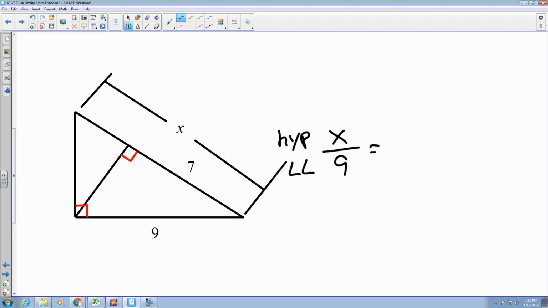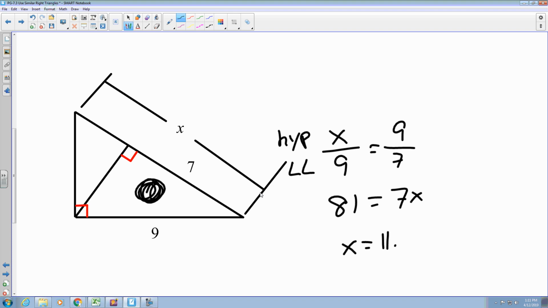And so this is going to be proportional to the hypotenuse of this triangle right here is 9. And I got a long leg of 7. So again, I go over here. This is going to be 81 equals 7x. And 81 divided by 7, rounded to the nearest tenth, is 11.6.